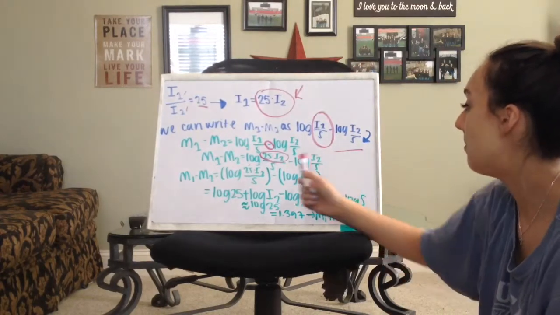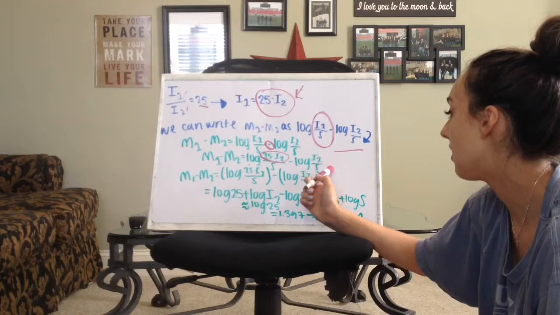And then you'll get minus the logarithm of intensity 2 over S.